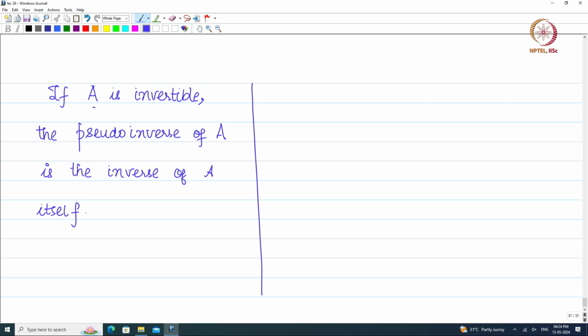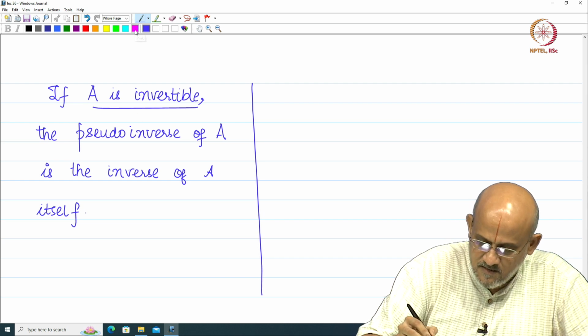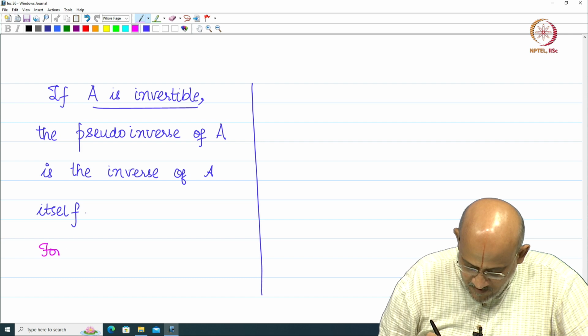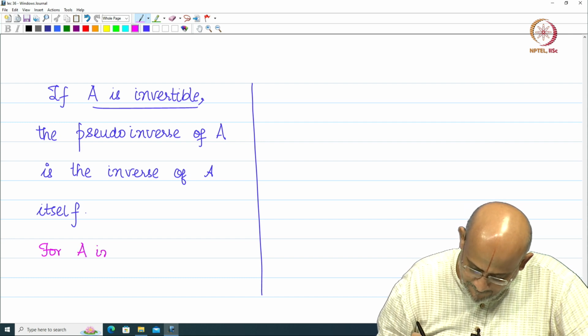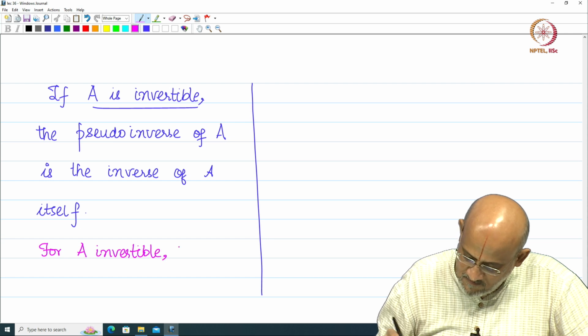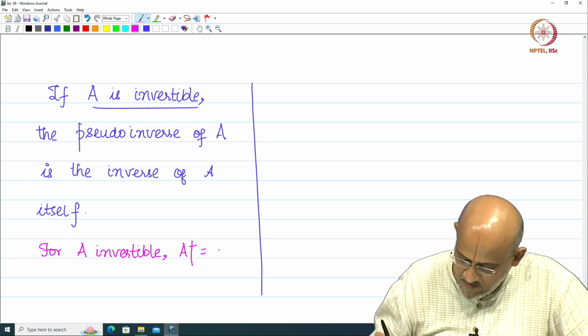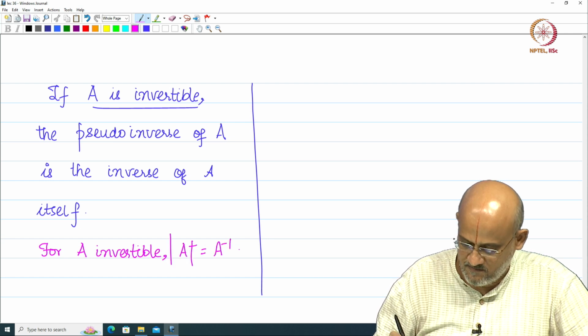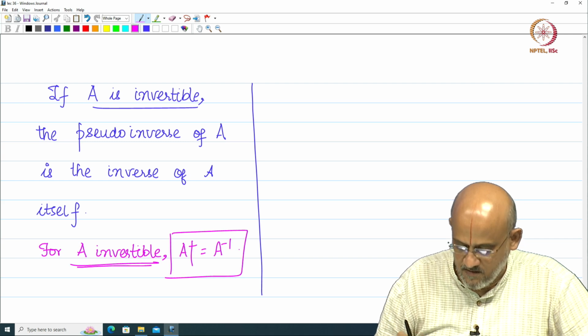So let us write this: for A invertible, A dagger is equal to A inverse.